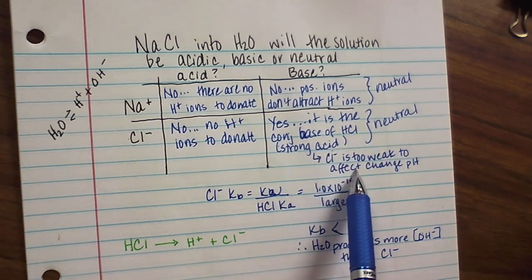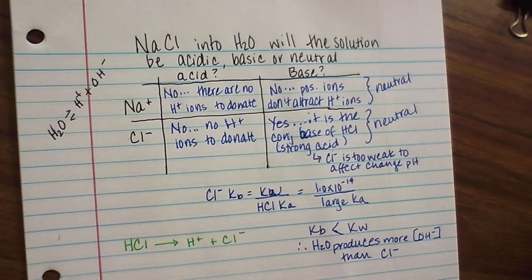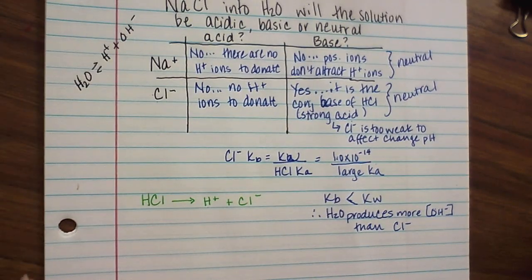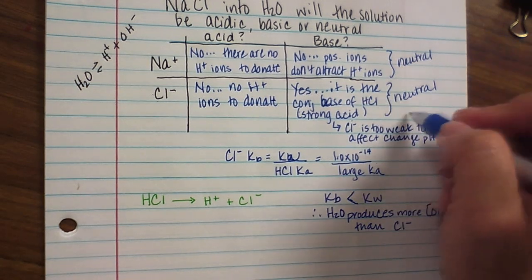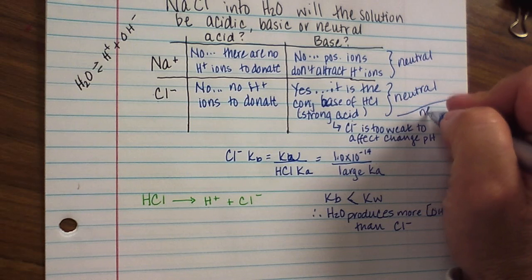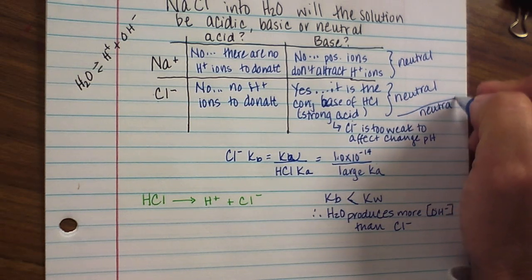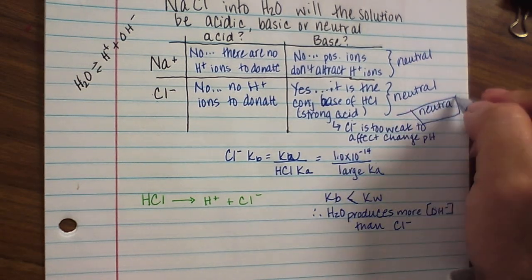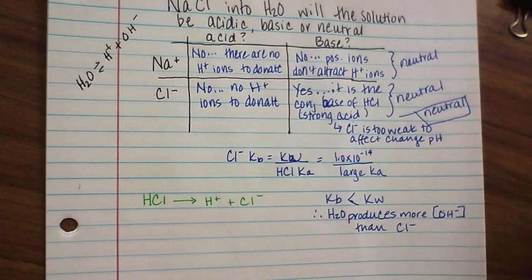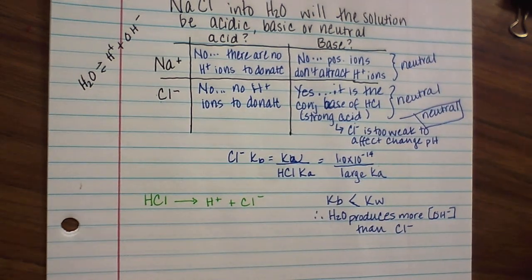This is perfectly acceptable, because if you understand the strong acid list, if you can say that the Cl minus as a conjugate base of that strong acid is too weak to affect the pH change, that's good enough. This is a 5-point answer, okay? So ultimately, a neutral and a neutral gives you a neutral. No change. Okay.